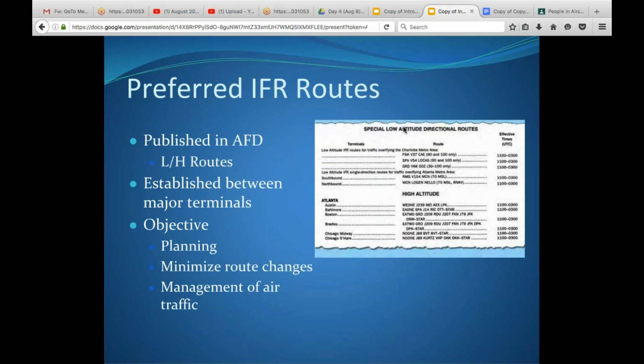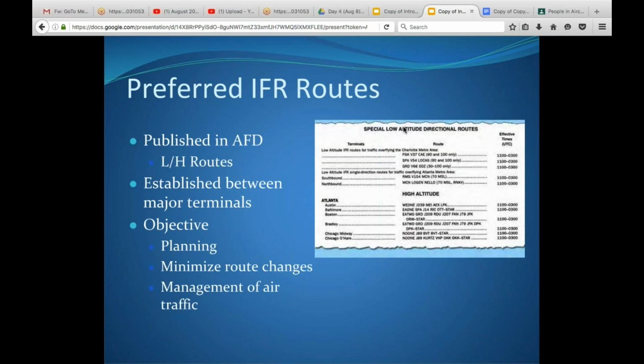Some of these preferred IFR routes, so some of the bigger airports, the major terminals, will have published routes that they want you to fly between airports. Does that make sense?